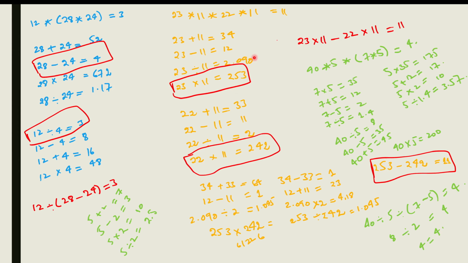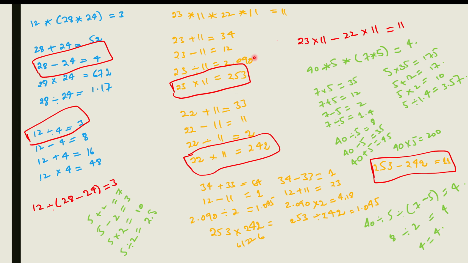So we have to test different operations in our equation and see what number we get. As you can see, I have practiced some of the operations on different numbers, and finally 253 minus 242 gives us 11.